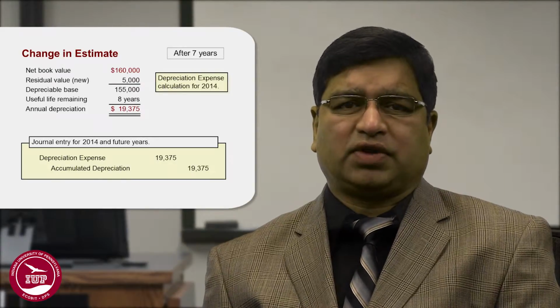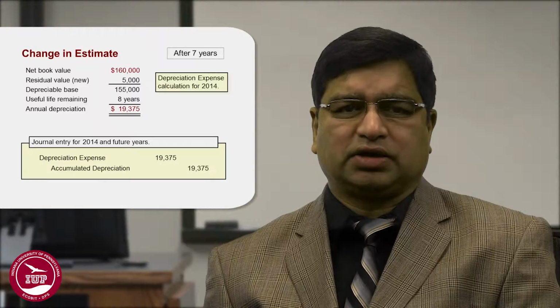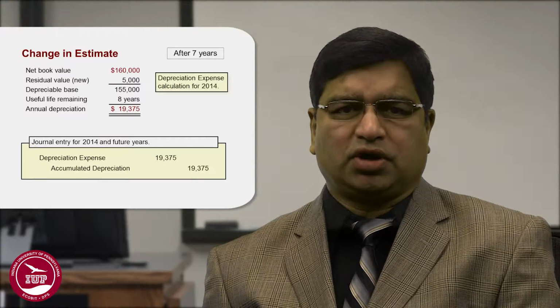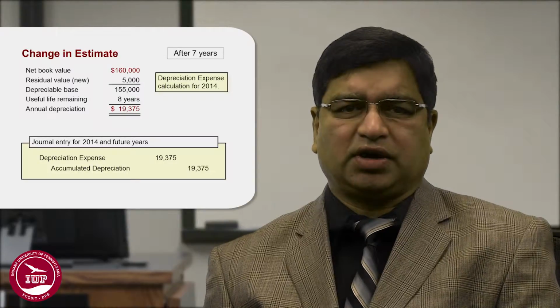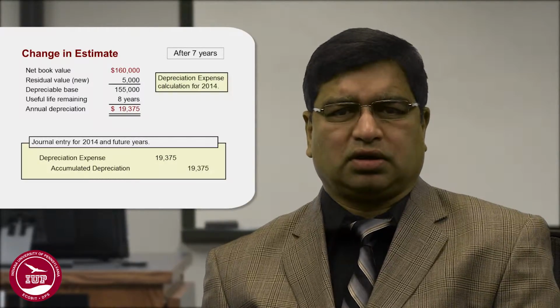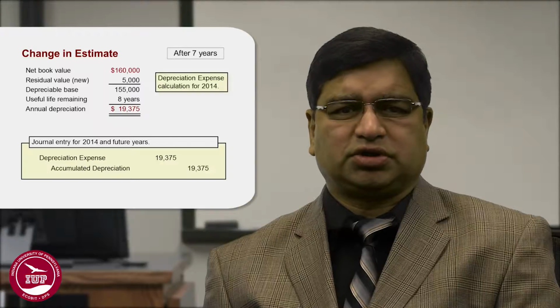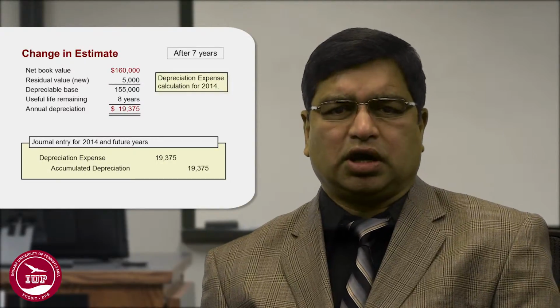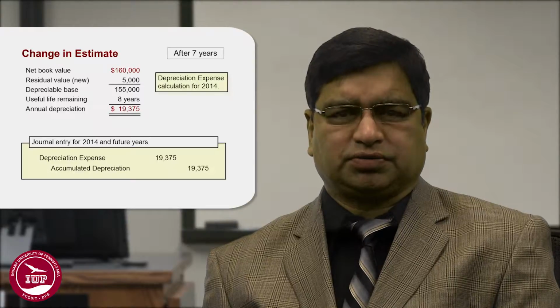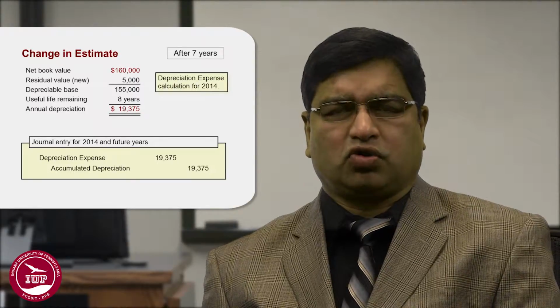So $155,000 will be written off over 8 years to get you the annual depreciation of $19,375. As far as the entry is concerned, you debit the depreciation expense and credit the accumulated depreciation. That part more or less remains the same.